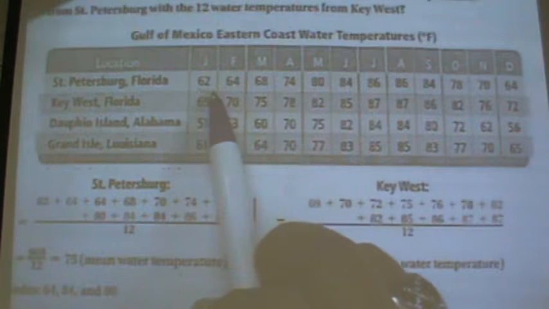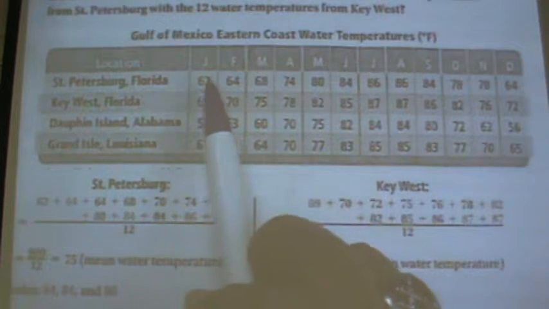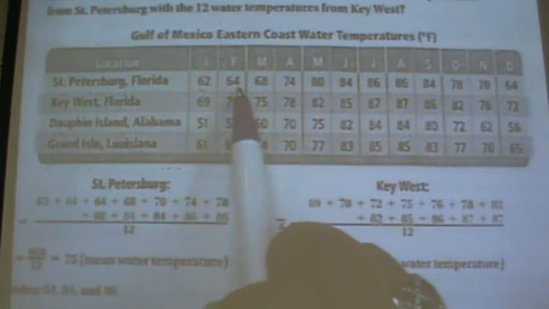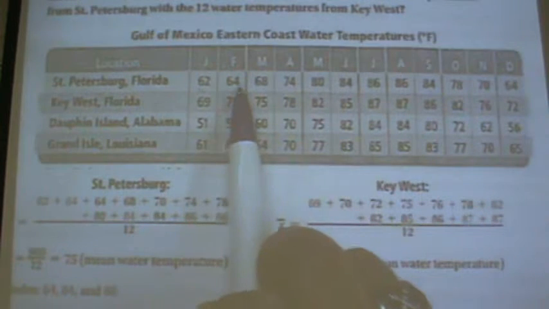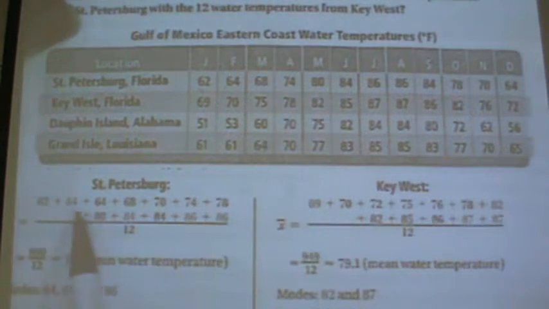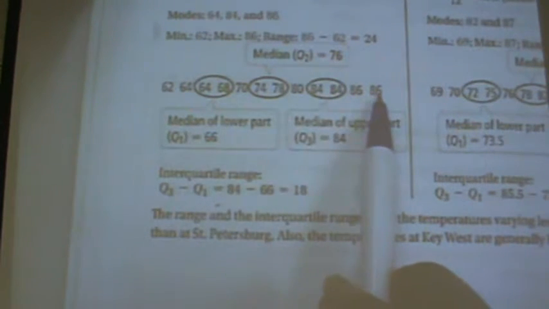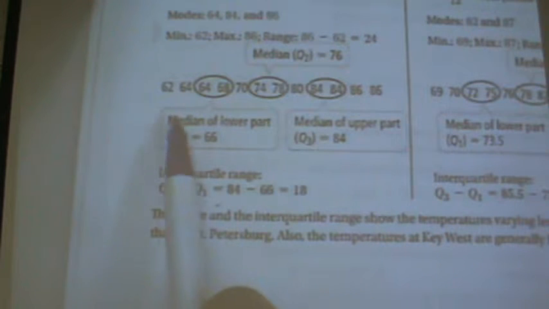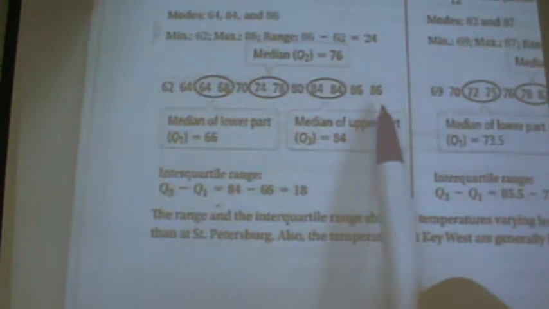For St. Petersburg, in January, the temperature is 62 degrees, and in February, it's 64 and 68. If you organized your data and ordered it from least to greatest, this is what you would get. The lowest score is 62, and the highest score is 86.